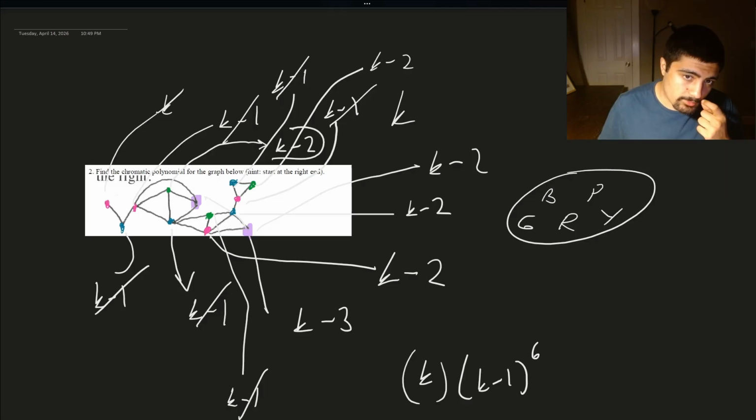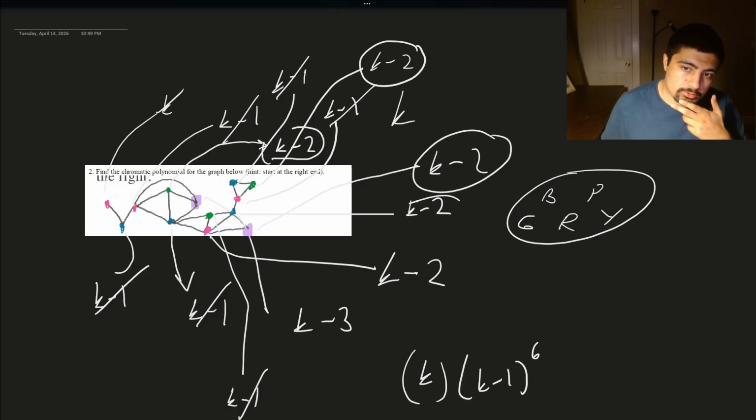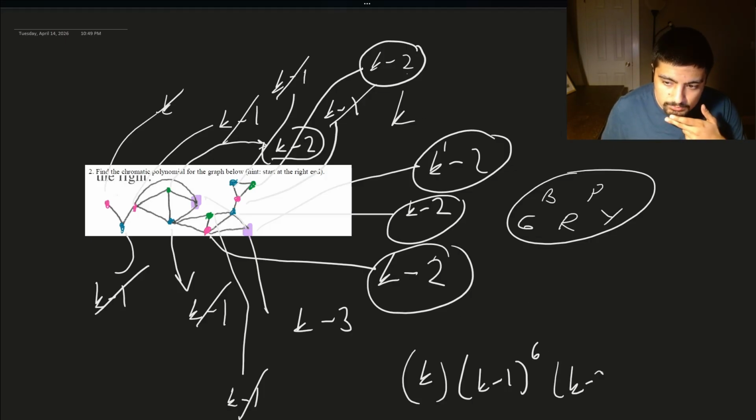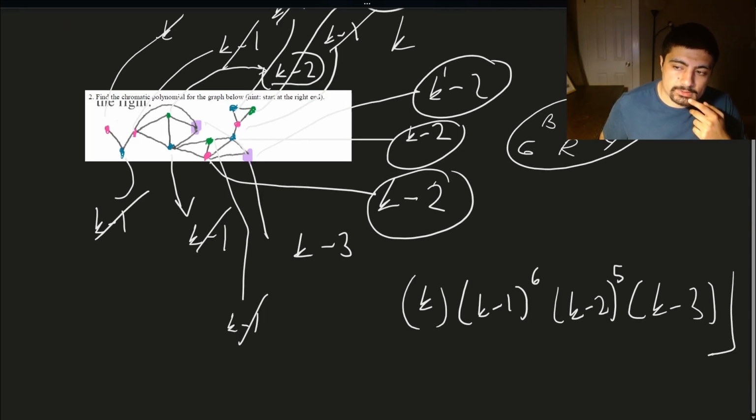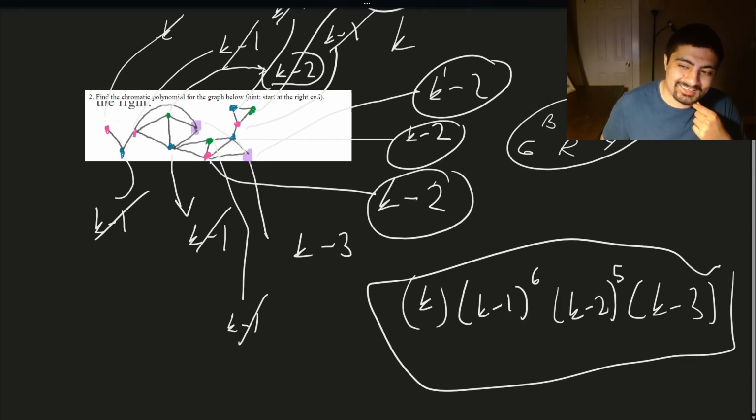We have one k minus 2 here, one here, here, and here. So I'm going to have 1, 2, 3, 4, 5 k minus 2s. And the only thing left will be k minus 3. And this, ladies and gentlemen, will be our chromatic polynomial for this specific graph.